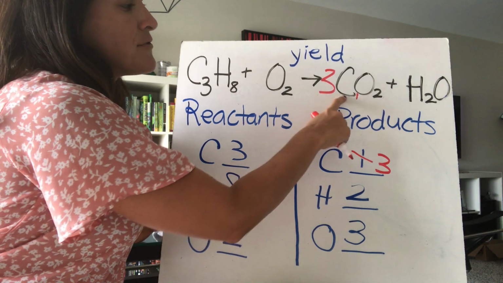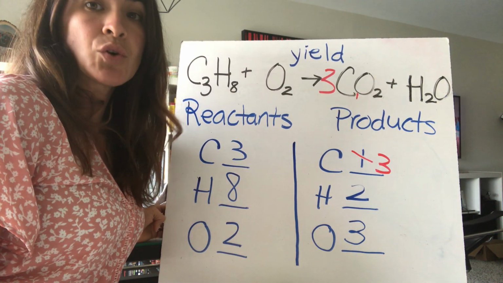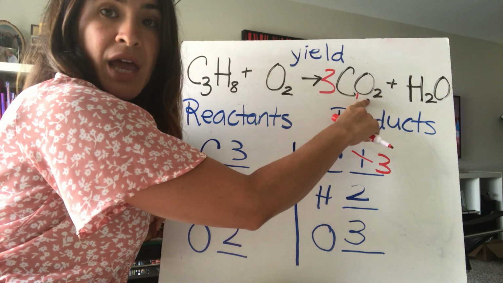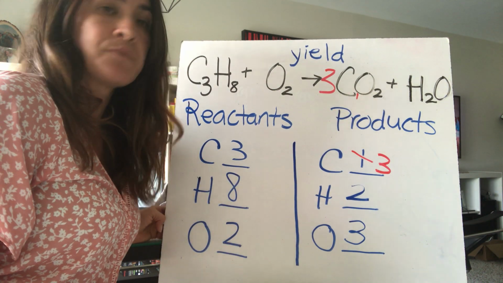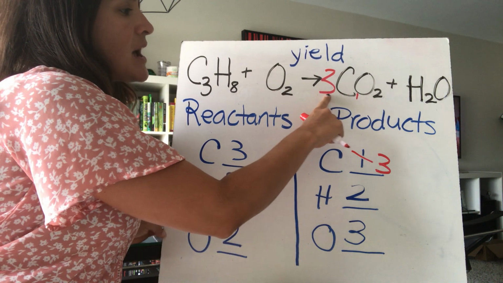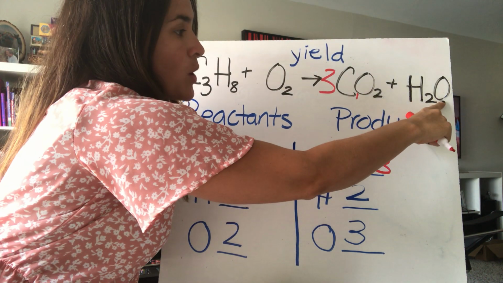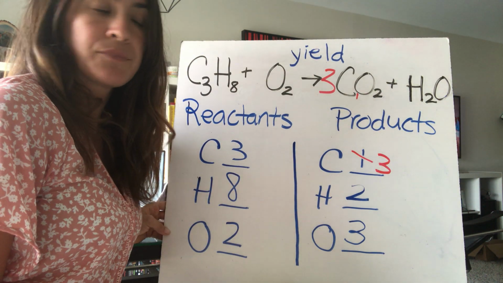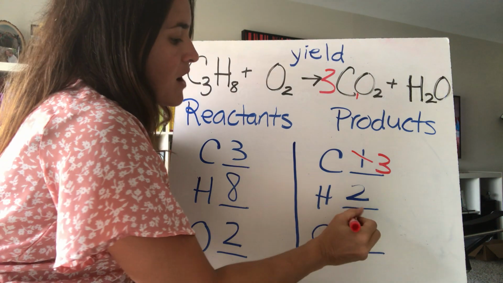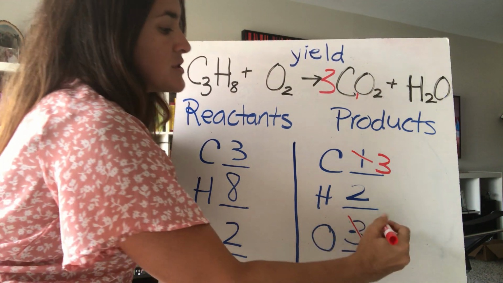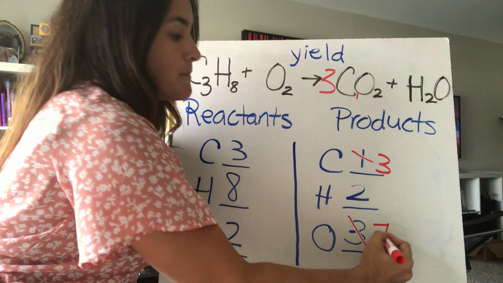This didn't just affect carbon though. It also affected oxygen, and I have to take that into account. 3 times 2 is 6, plus the 1 oxygen over here. So actually now I have not 3 oxygens, but 7.